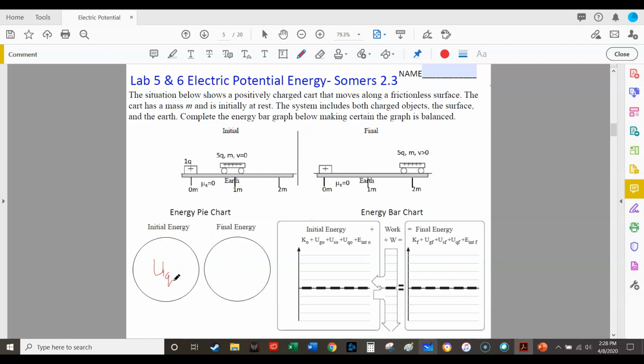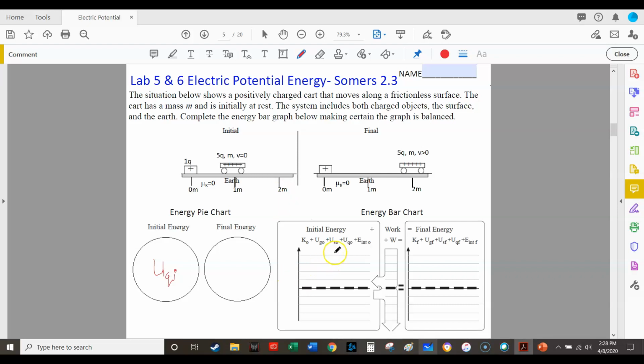So U sub Q, and I'm going to put a little i for initially here. So this entire pie chart is filled with just electric potential energy at this 1 meter mark. So it's a voltage, it's a Q times V at that 1 meter mark.